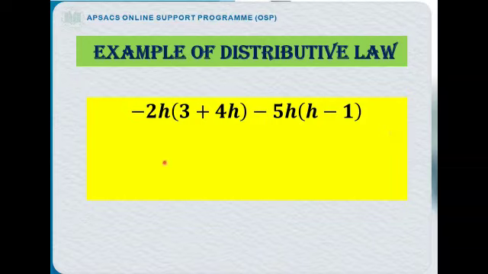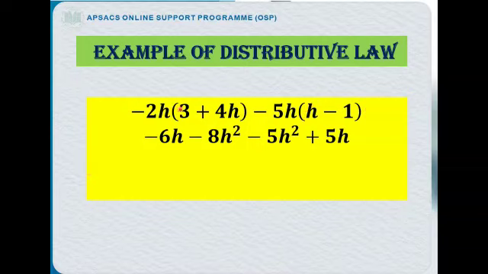Let's see how. Minus plus minus, 2 3s are 6h, minus plus minus, 2 4s are 8h square. Clear? Minus plus minus 5h, h square, minus minus plus, 5 ones are 5h as it is.